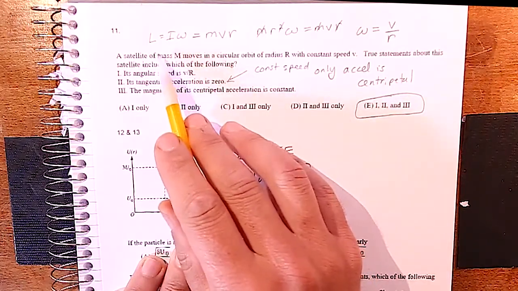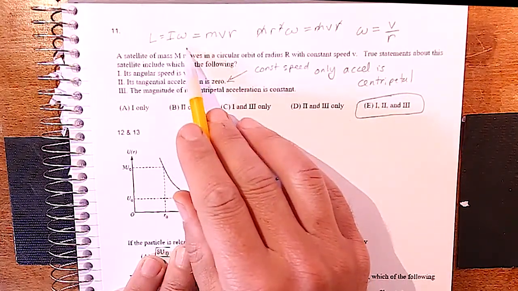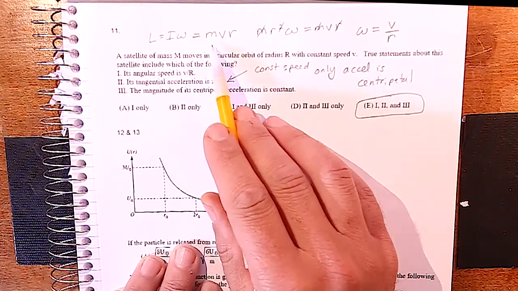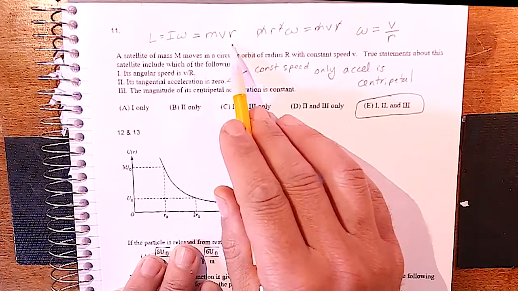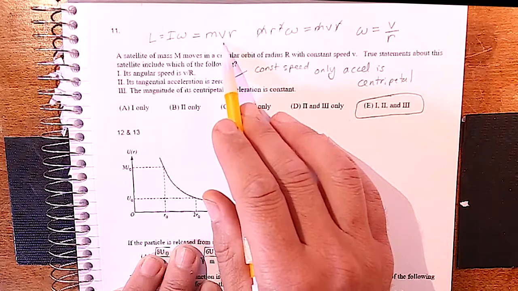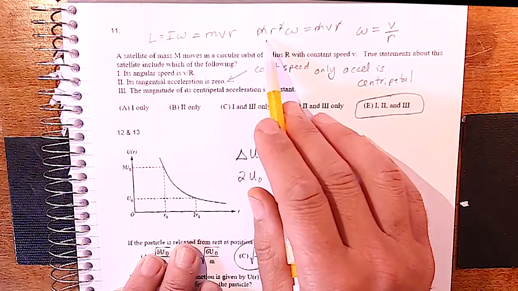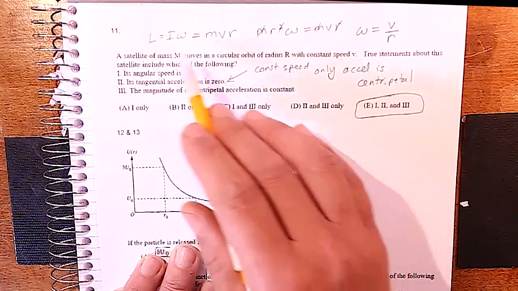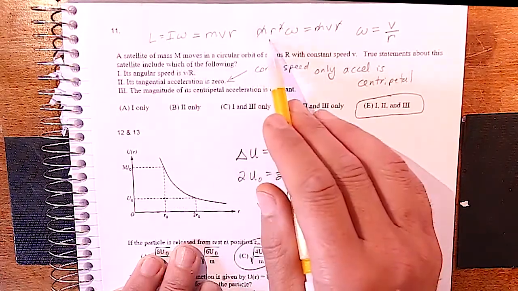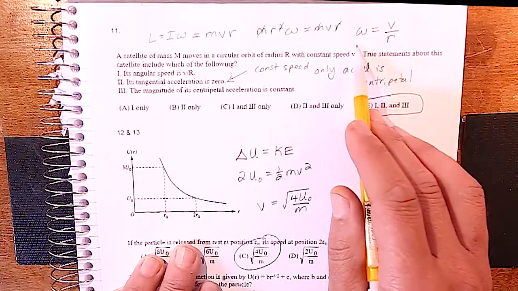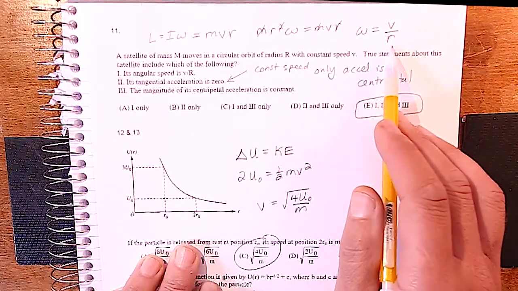So we know that L is equal to I omega, and it's a point particle, so we can put in mvr, which is the same definition for tangential velocity. And by subbing in mr squared times omega for I, since I is mr squared for a point particle, we end up crossing out some r's and we get omega is equal to v over r.